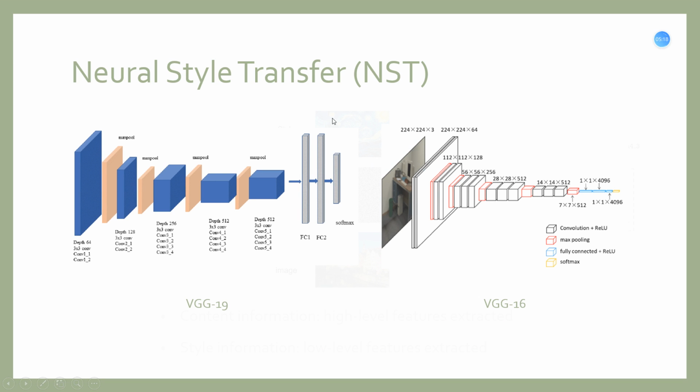The difference between these two networks is that for VGG19, each of these three convolutional blocks has 4 convolutional layers, but for VGG16, each of these three convolutional blocks only has 3 convolutional layers. So VGG19 is deeper than VGG16.